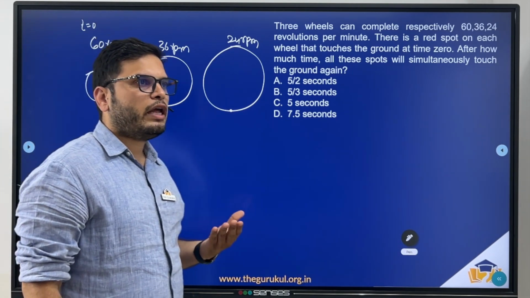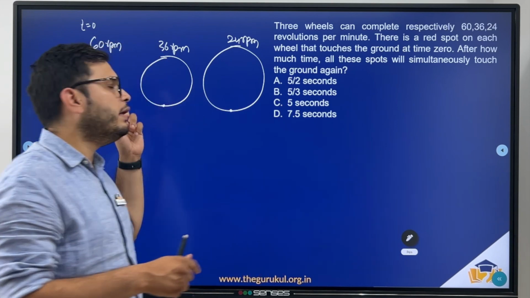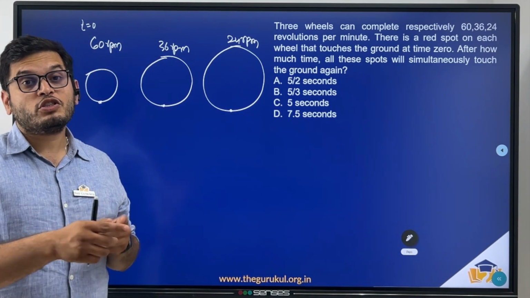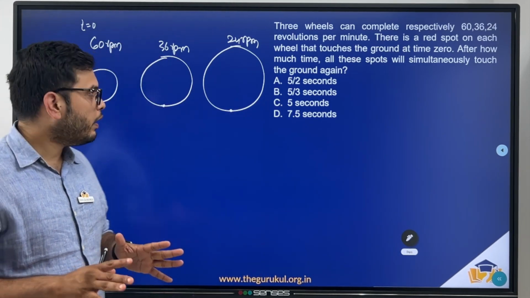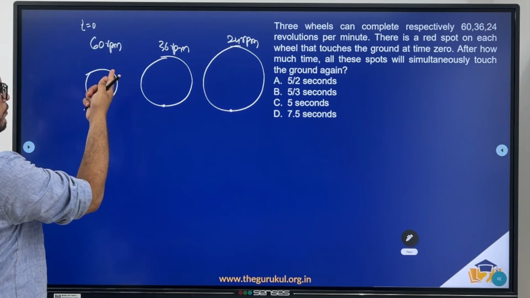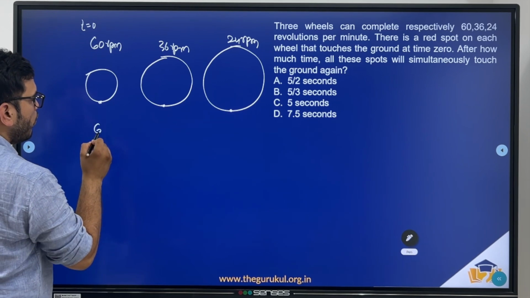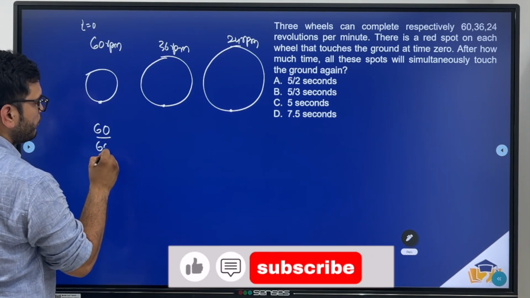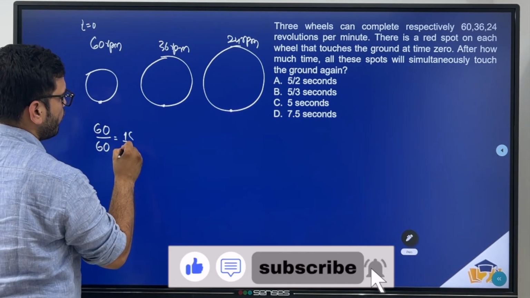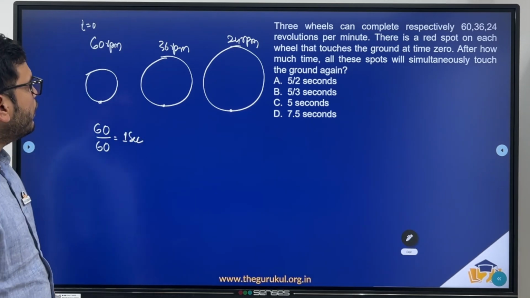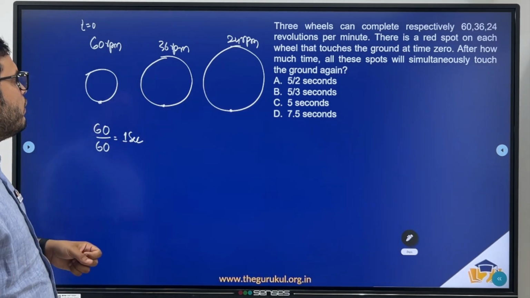So we need to find the time after which they will be completing an integer number of revolutions all together. 60 RPM, 60 revolutions per minute. What is the time taken to complete one cycle? 60 by 60, that is 1 second. Now 36 revolutions per minute.